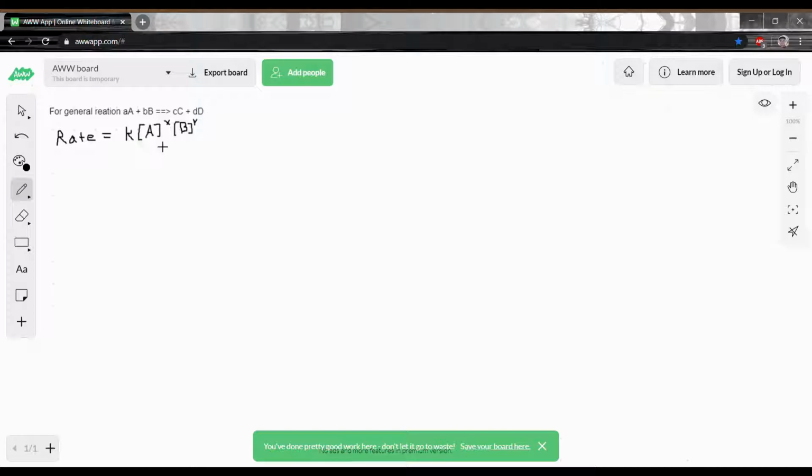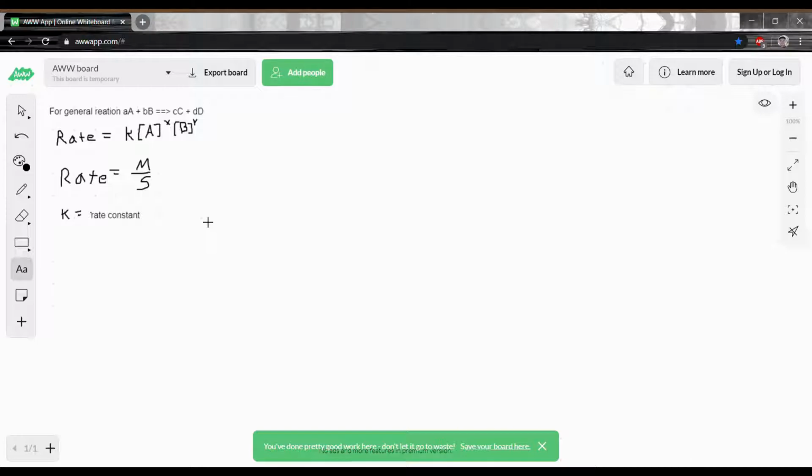Our rate equation is going to be the rate of the reaction is equal to K, that is our rate constant. So let me write that down. Let's say that rate is the rate of our reaction in molarity per second. Our K is the rate constant.